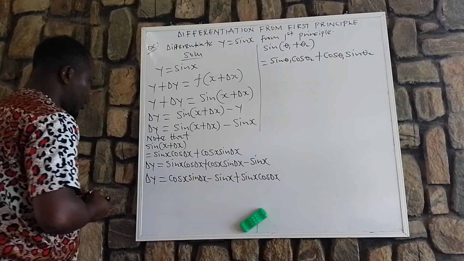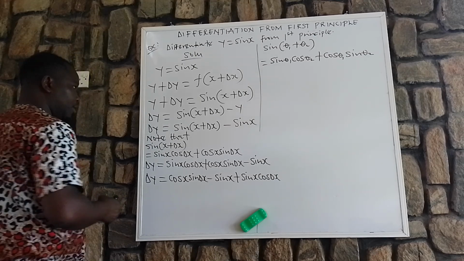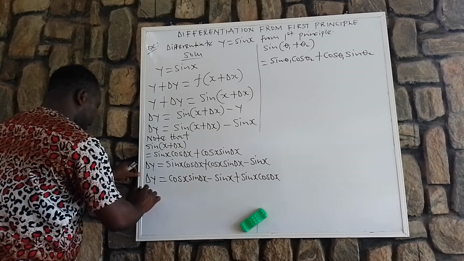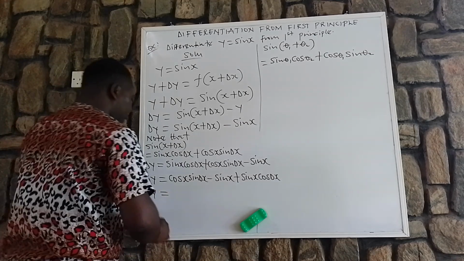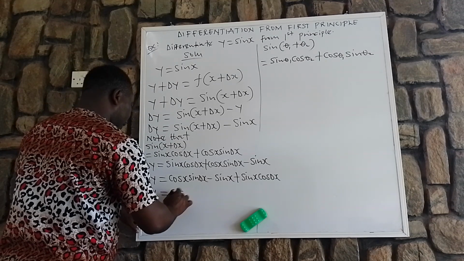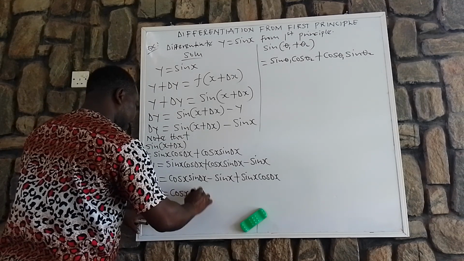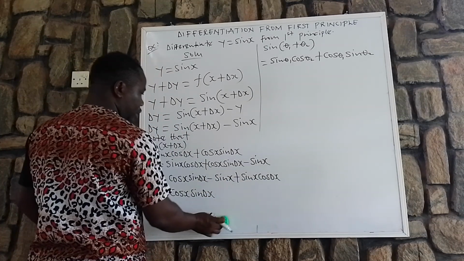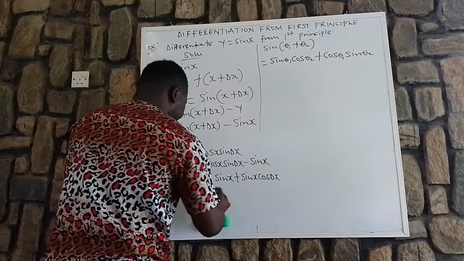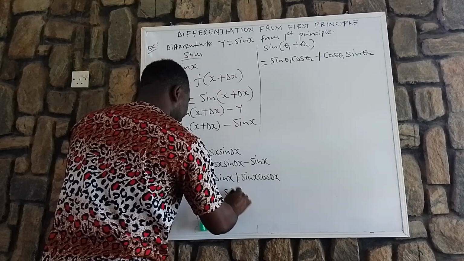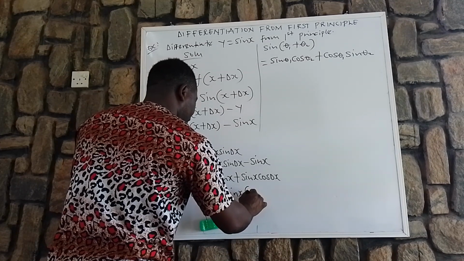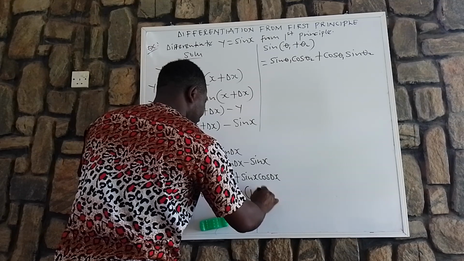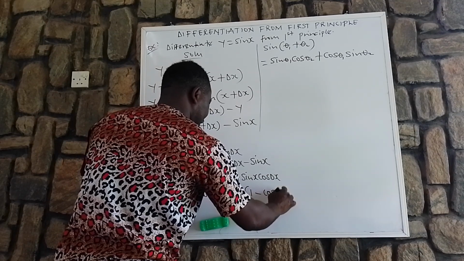Now our dy is equal to cos x sine dx. What is common here? Minus sine x, all in bracket 1 minus cos dx, isn't it?